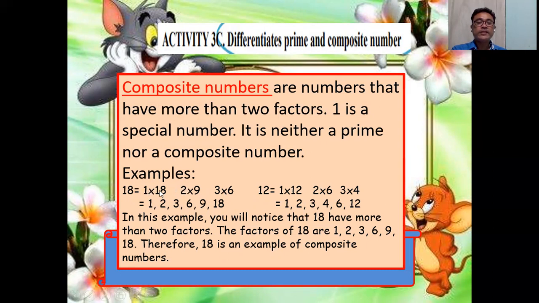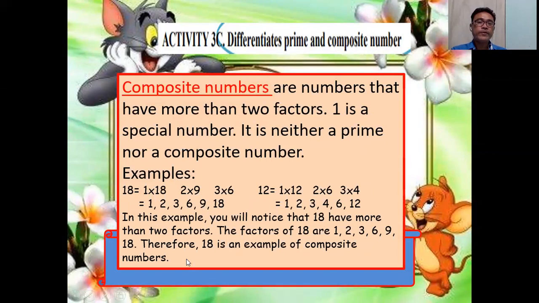1 times 18 is 18. 2 times 9 equals 18. 3 times 6 equals 18. And these are the factors of 18: 1, 2, 3, 6, 9, and 18.